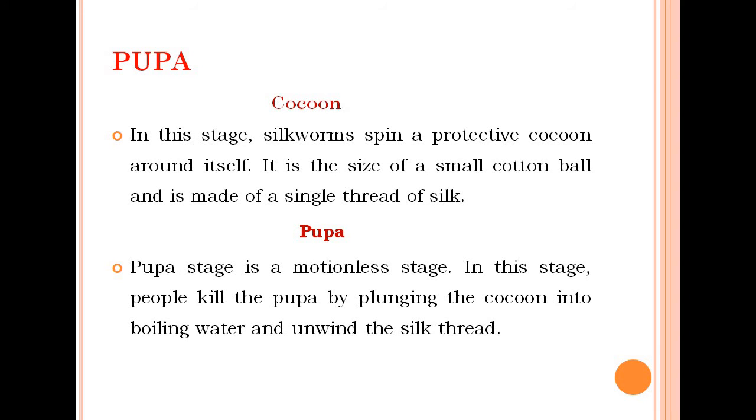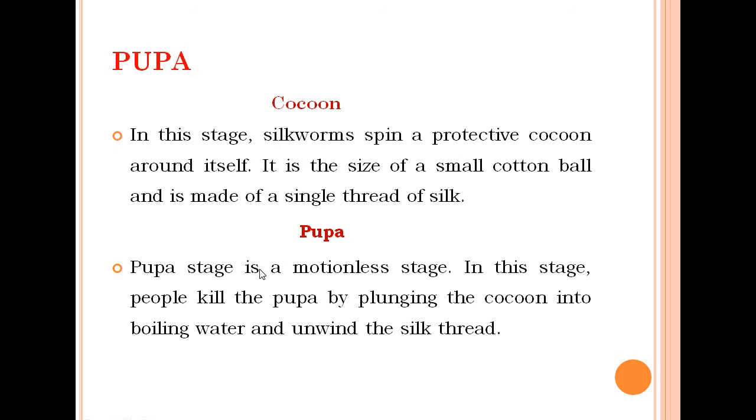Now this is the pupa. In this stage, silkworms spin a protective cocoon around themselves. It is the size of a small cotton ball and is made of a single silk thread. The silkworm spins a single silk thread around itself, and inside it there is a pupa. The pupa stage is a motionless stage.